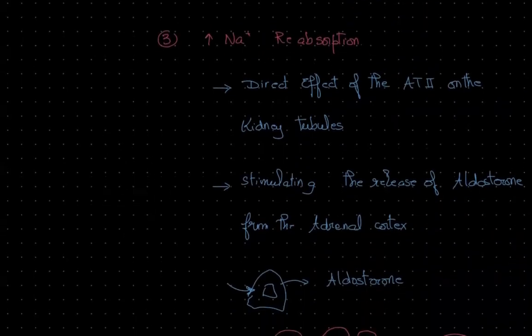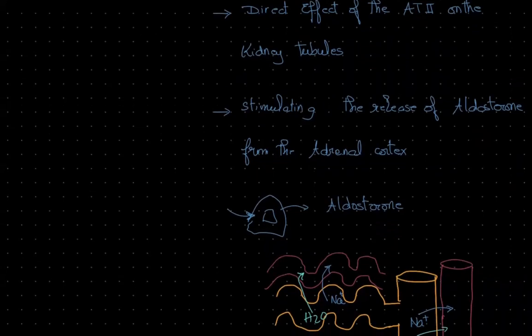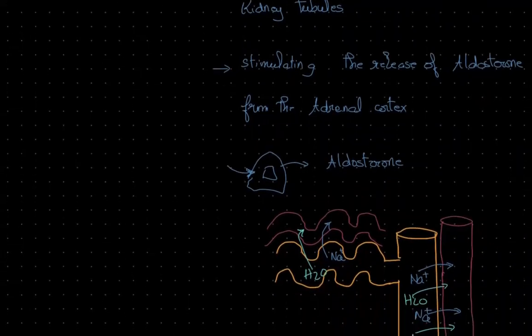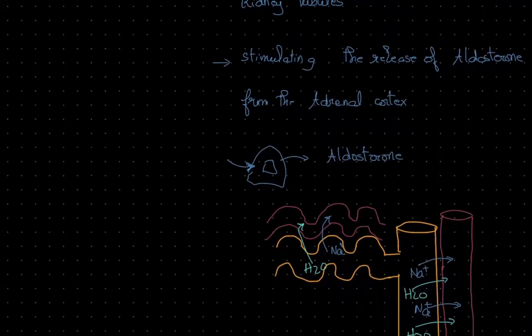The other effect of angiotensin 2 was to enhance the sodium reabsorption. And again, it acts by itself to increase the sodium reabsorption in the kidney tubules, but this is a minimal effect. The more effective way by which angiotensin 2 mediates the sodium reabsorption is by stimulating the release of aldosterone.